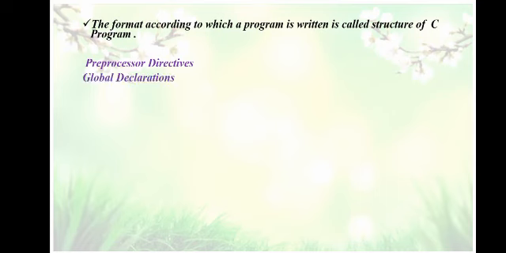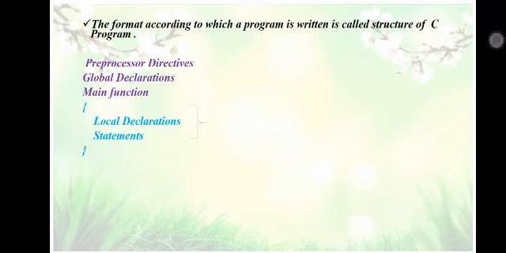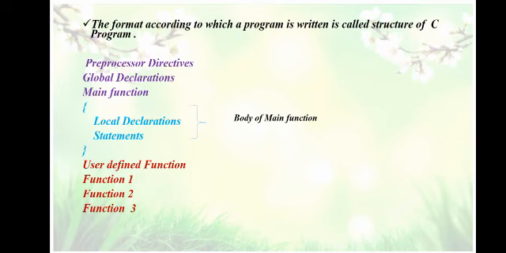Second is global declarations. Third is the main function. Then curly brackets, in which there are local declarations and statements, and this is the body of the main function. Then user defined functions, function 1, function 2, function 3, which are optional. It is up to the programmer whether he uses them or not.